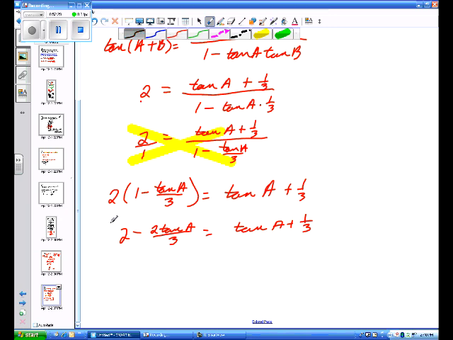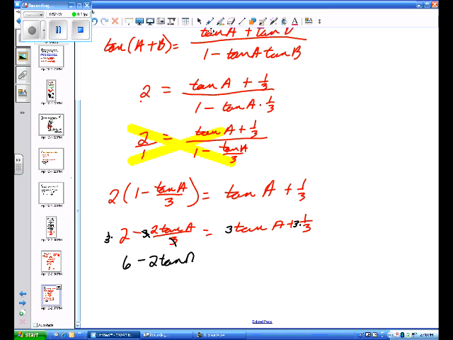So if I multiply each term times 3, I'm going to get 6 minus, my 3's will cancel, 2 tangent A equals 3 tangent A plus 1. And then I don't have to deal with the fractions.